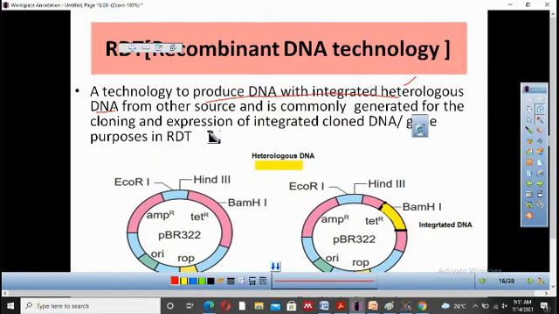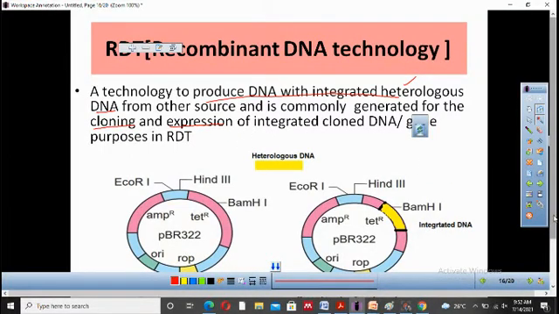And recombinant DNA technology involves two processes, that is cloning and expression. This recombinant or chimeric DNA is needed for cloning, or making more copies of the DNA, as well as allowing it to express into proteins.